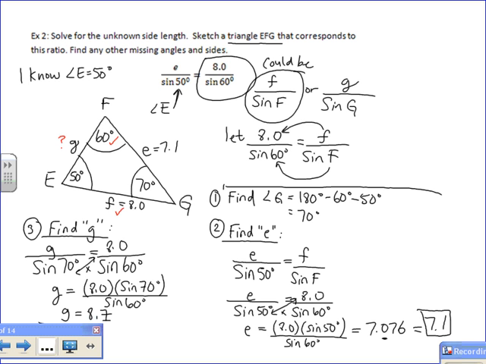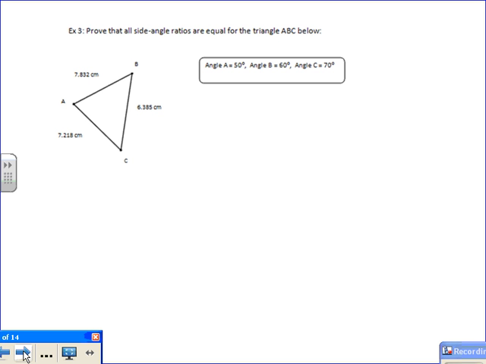And I've solved now, if I come back to my triangle, I've solved for all the angles and all the side lengths using sine law. So one last question here in our notes, and this is not a difficult question. It's just asking us to prove sine law.